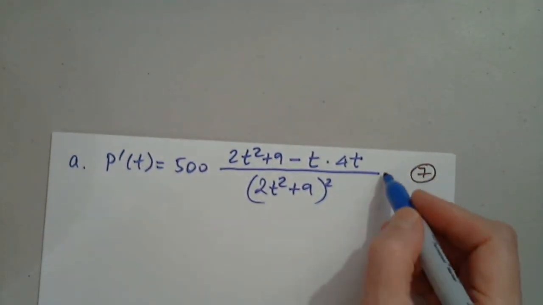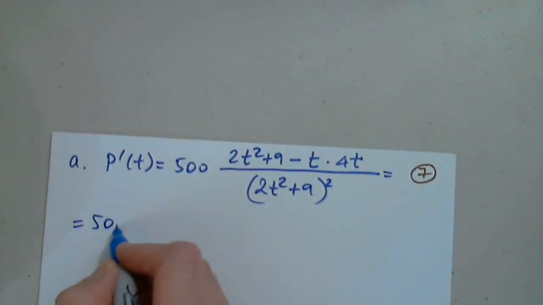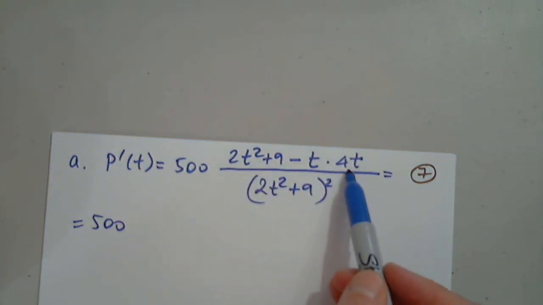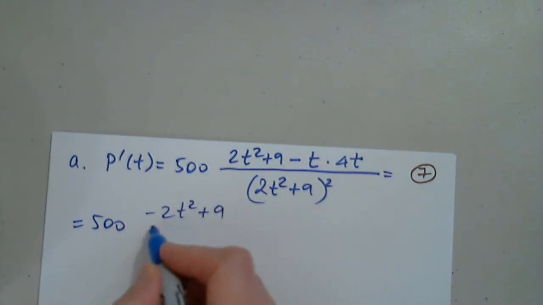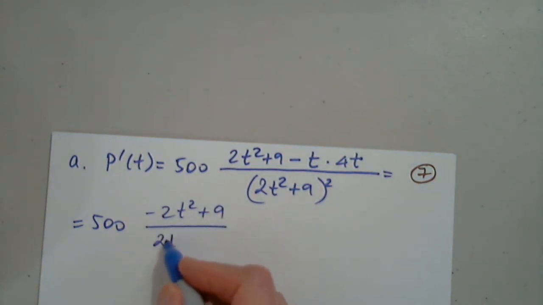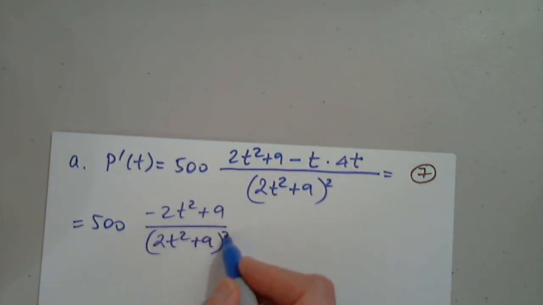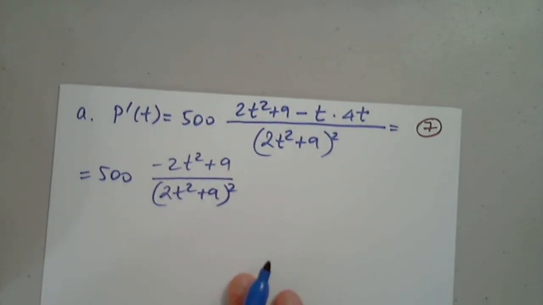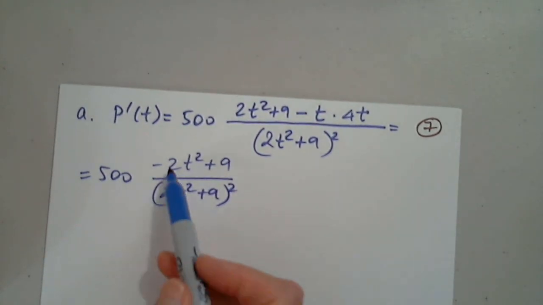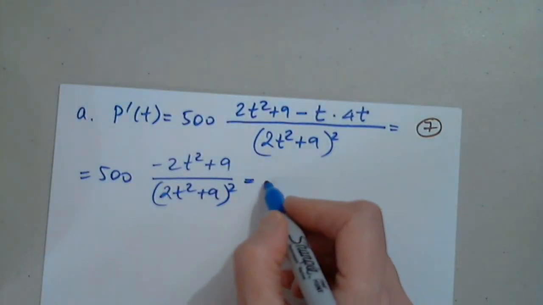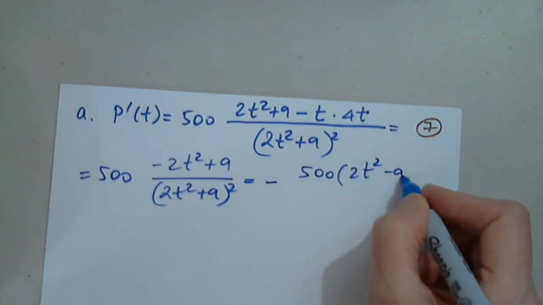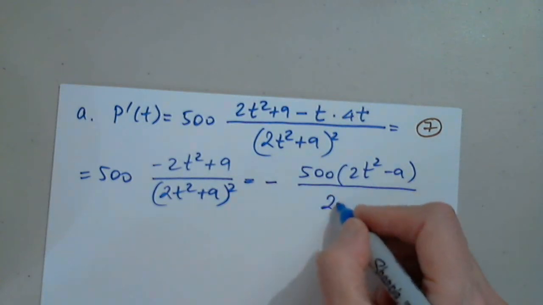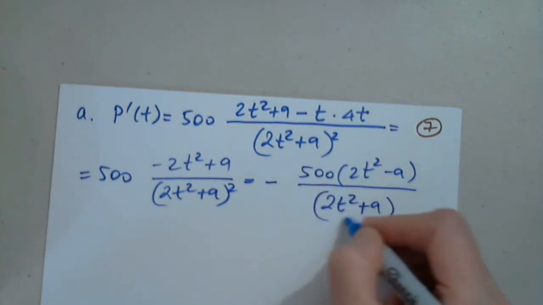Okay, so now I have 500 times 2t squared plus 9 minus 4t squared, that's negative 2t squared plus 9, over 2t squared plus 9 squared. Do not attempt to simplify anything. You could factor out negative 1 and just write negative 500 times 2t squared minus 9 over 2t squared plus 9 squared.